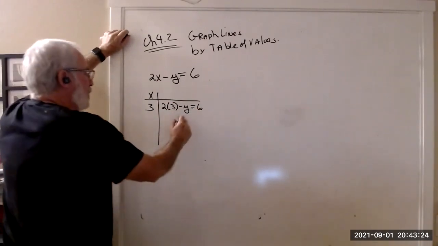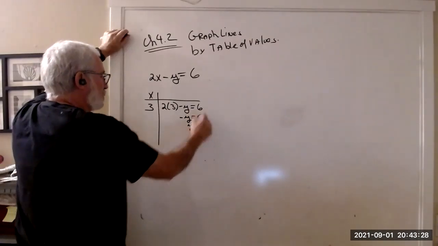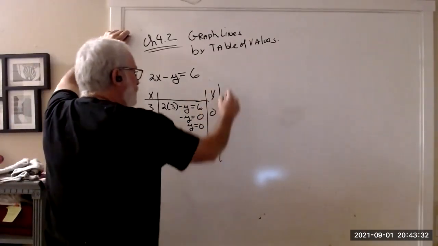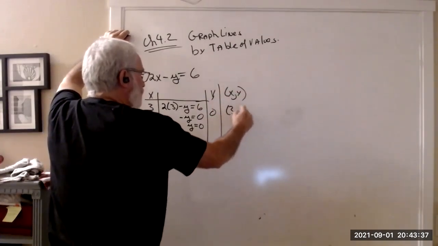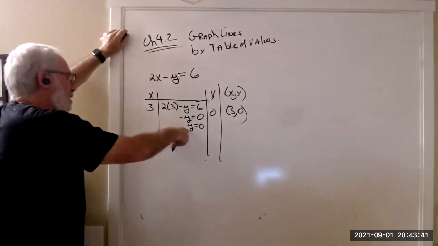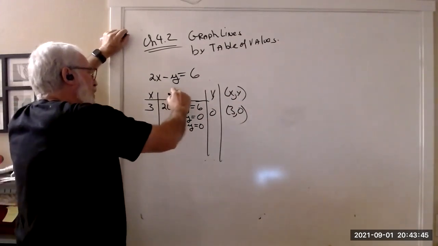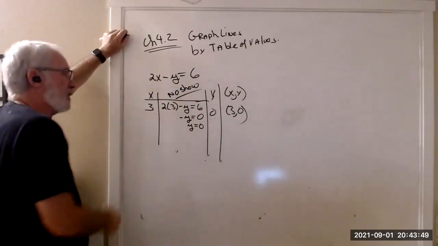We get negative y equals 0, which means y is 0. So this gives us our ordered pair. x, y is 3, 0. Now, the plug-in is just arithmetic. You don't have to show this, but you sure as heck have to think this.